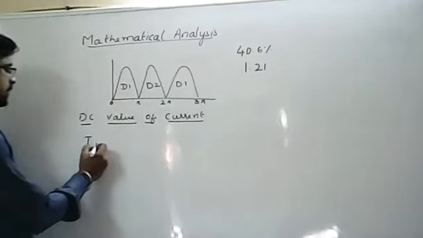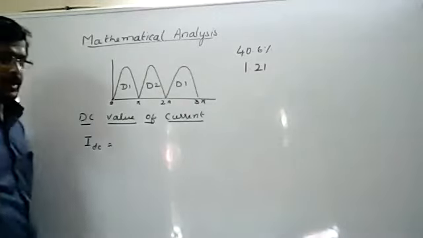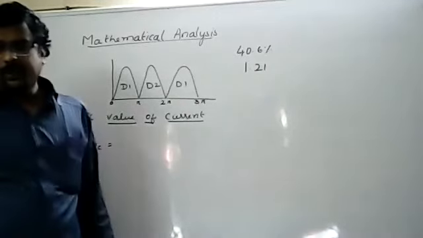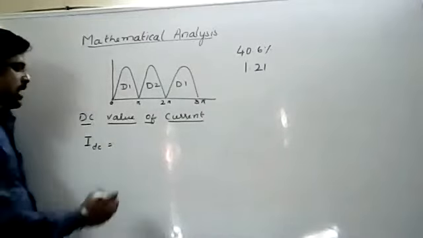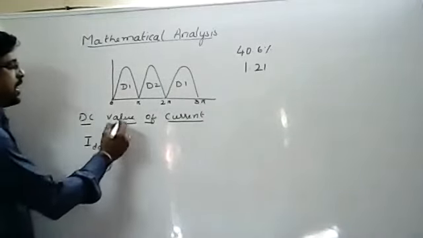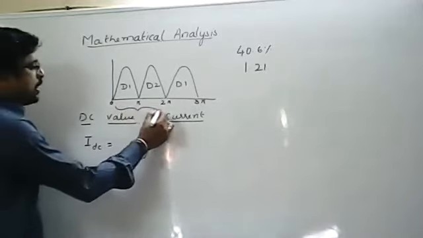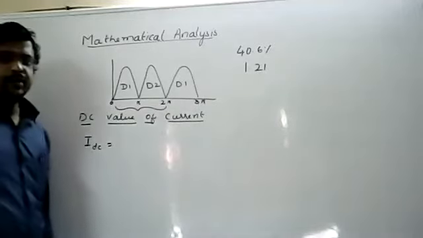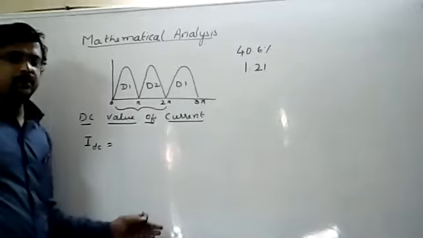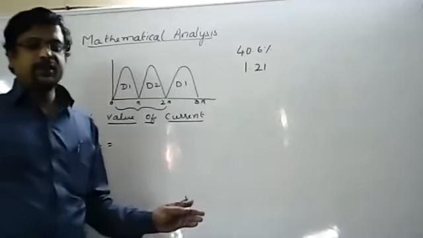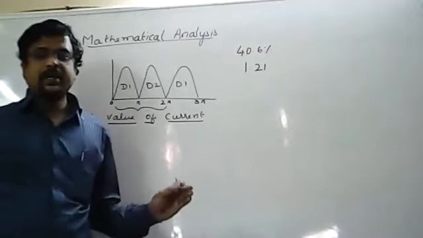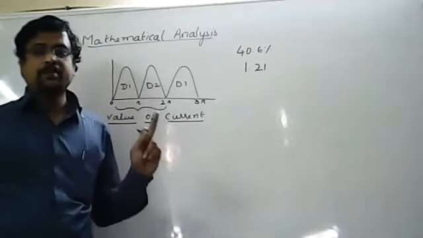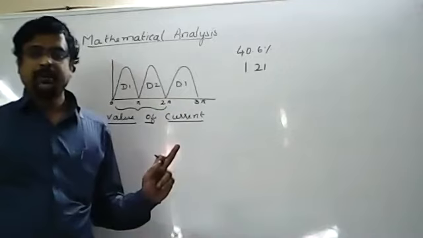So IDC, or DC, we can call it an average value. What is IDC? If I want to calculate for one complete cycle, what is the definition of DC or average value? It is the average calculated for one complete cycle, right?